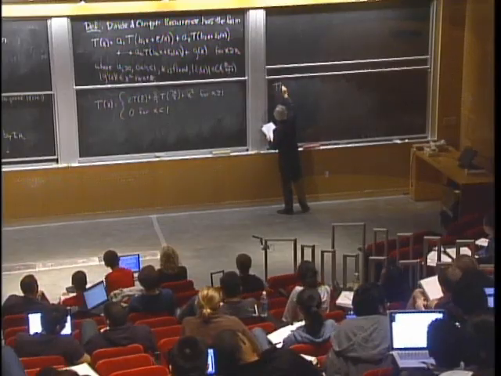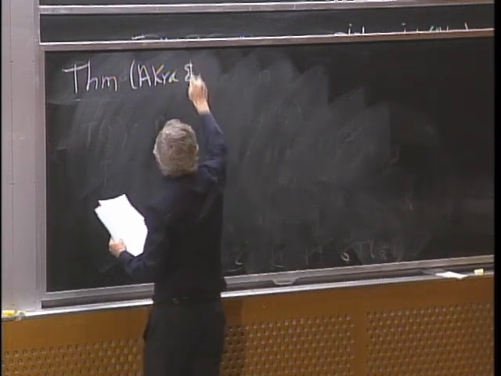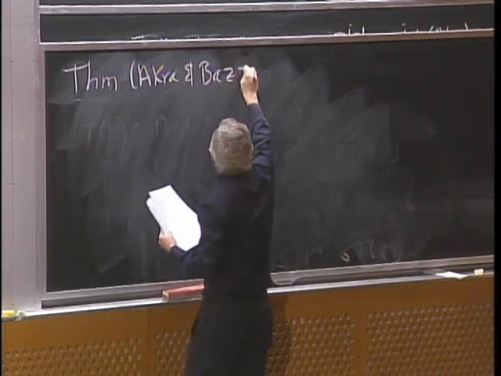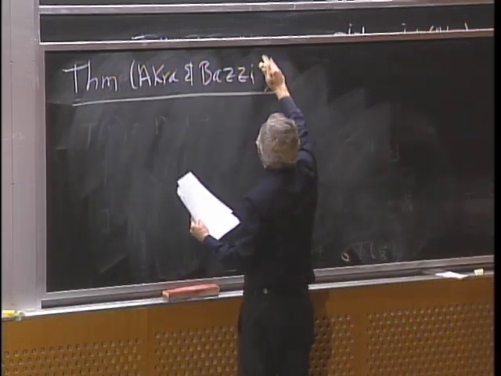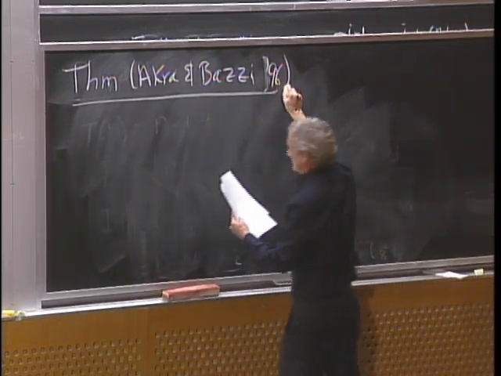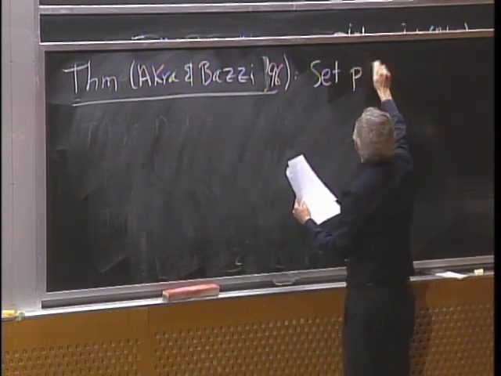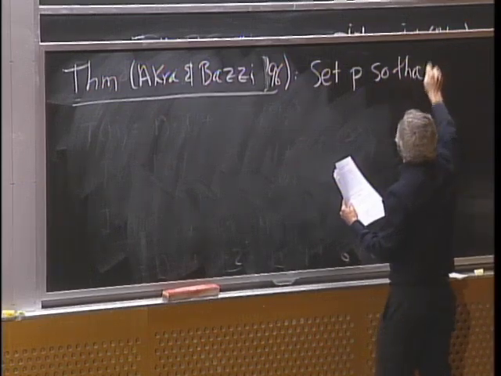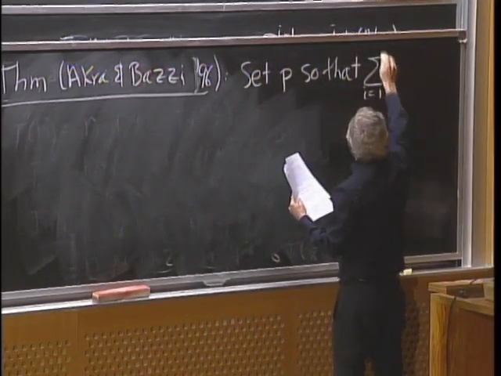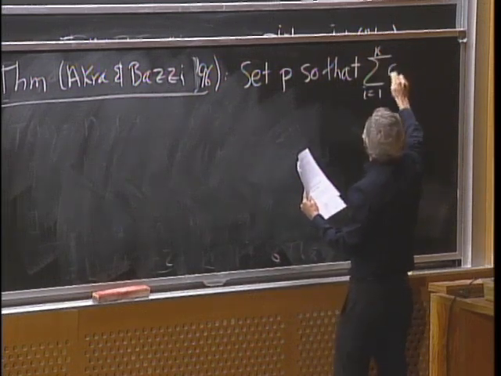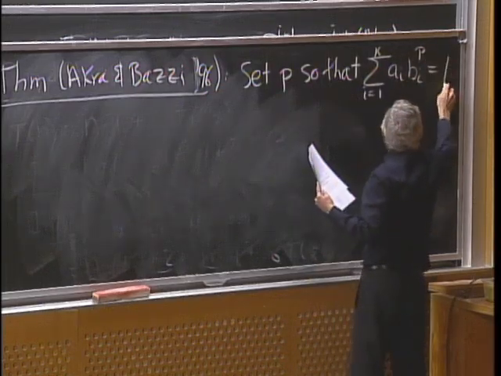All right, so the theorem by Akra-Bazzi, in '96: set p, a real number, so that the sum i equals 1 to k of a_i times b_i to the p equals 1.